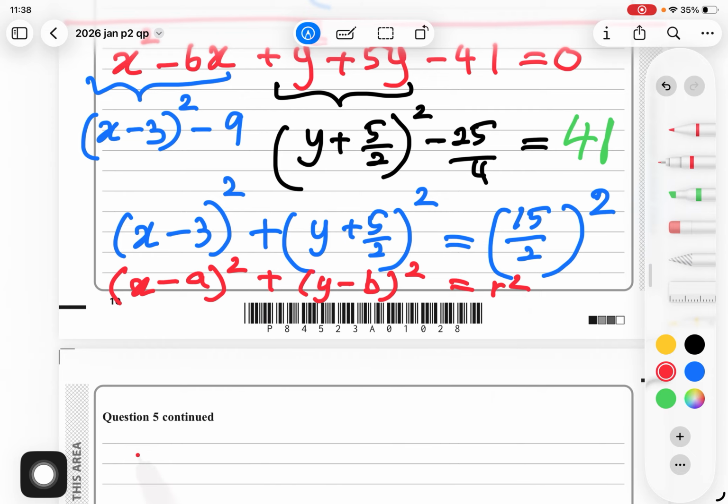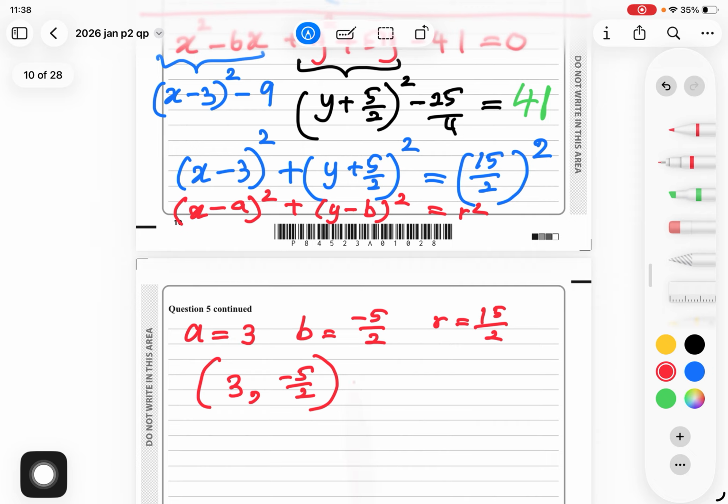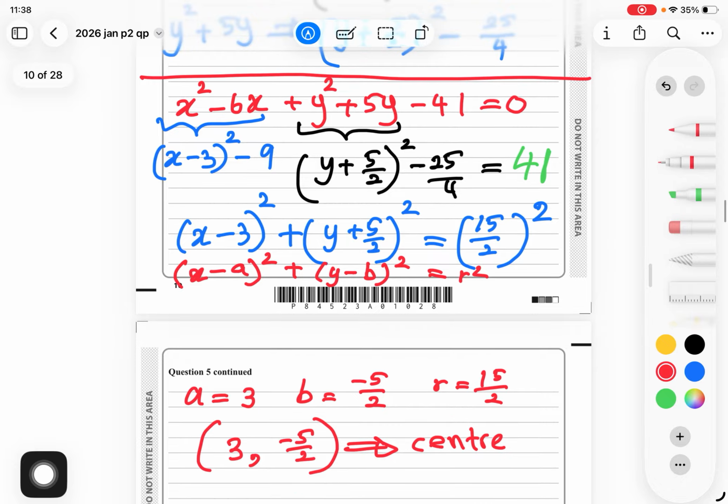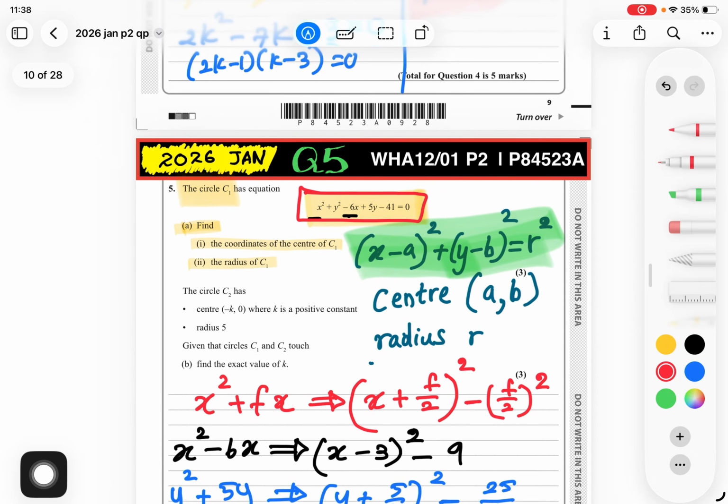So here a is going to be 3, b is going to be −5/2, and r is going to be 15/2. So the center of the circle C1 is (3, −5/2), and the radius is 15/2.